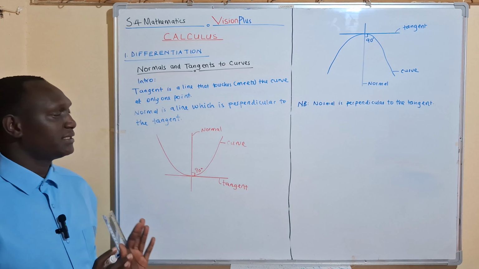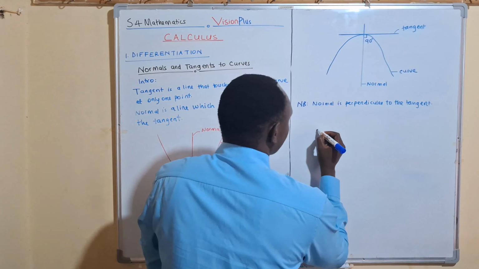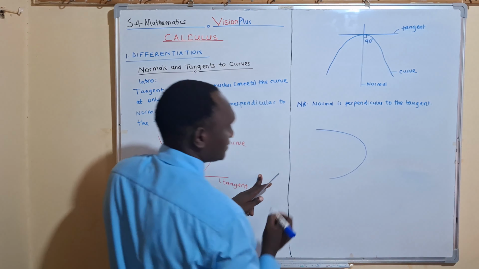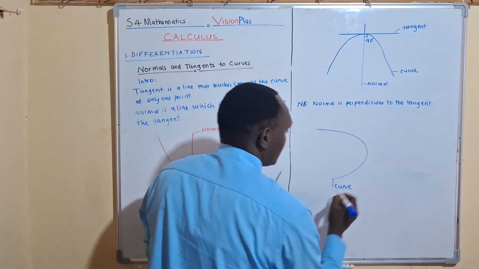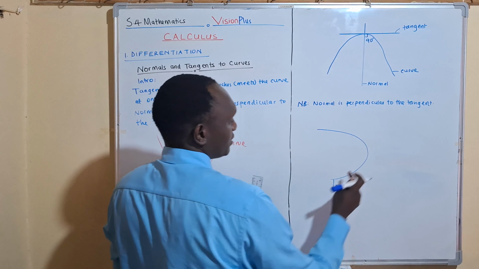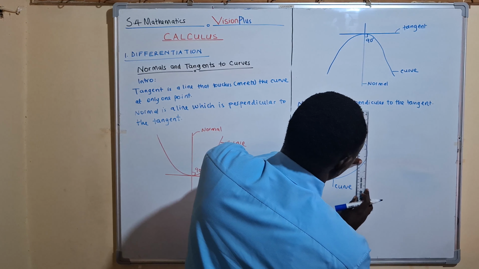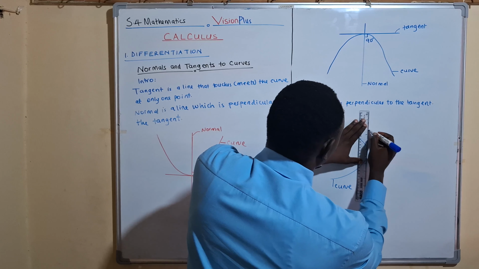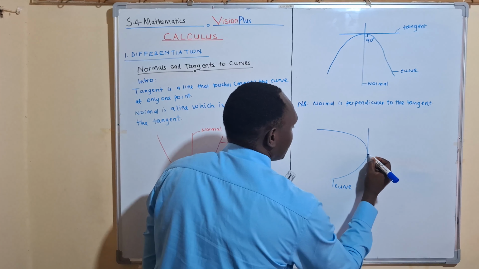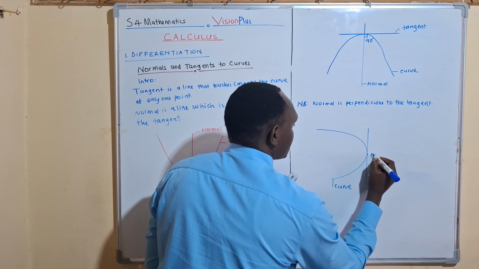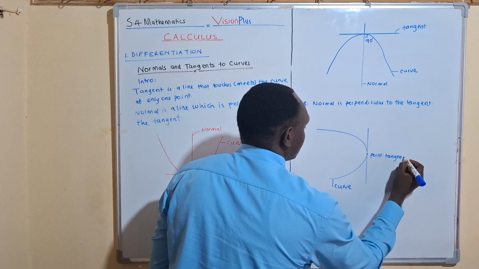Remember, the curve can be in any manner. Sometimes even your curve can be like this. Okay? If this is your curve, then the tangent to the curve is a line that will touch the curve at one single point. Assuming it touches at a given point there. This is the point of tangency, by the way, and we have learned that in circles already.